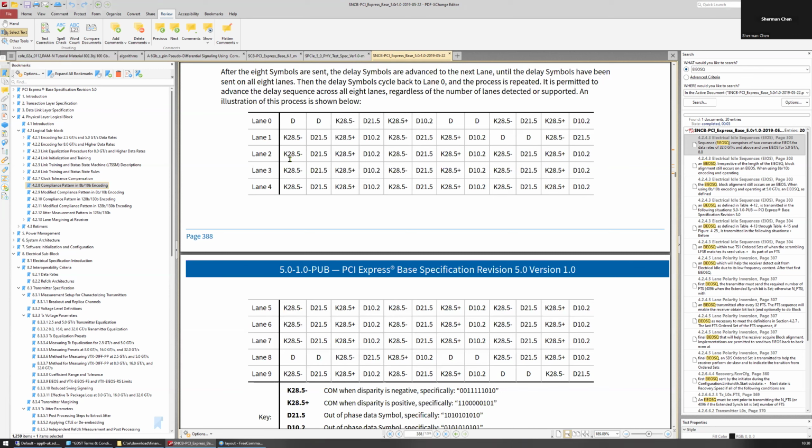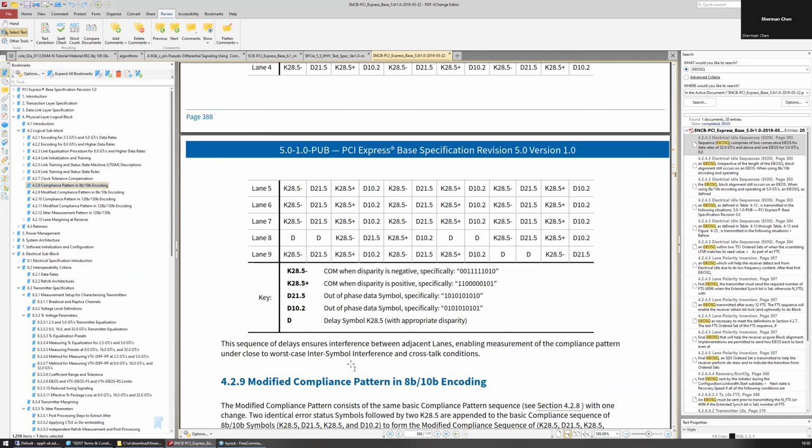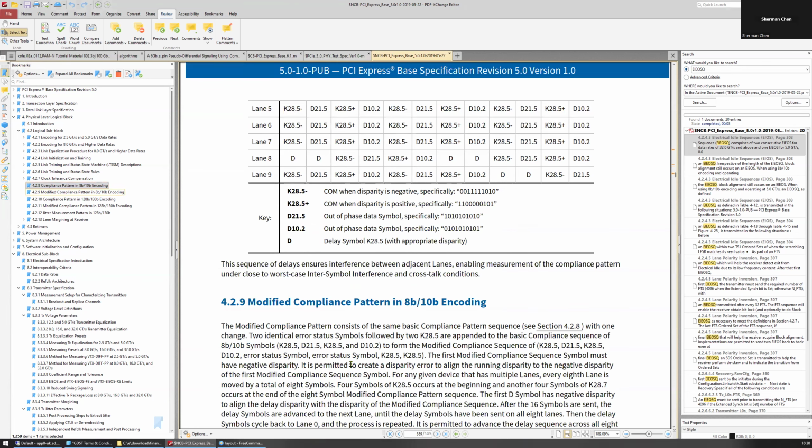This table contains 10 lanes instead of 8 lanes. I guess that's probably because of some 8b/10b consideration. So not exactly a normal configuration. Okay, so this is the compliance pattern, which is also short-formed as CP.